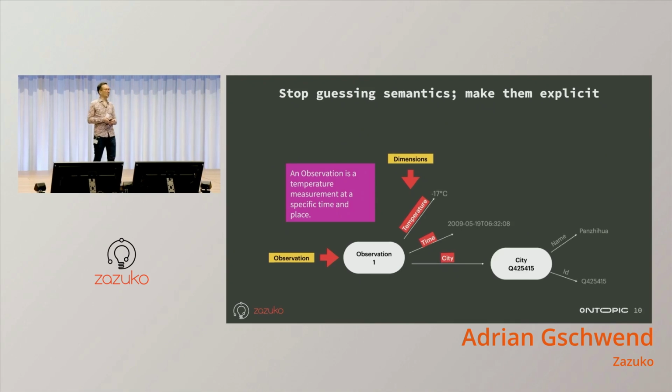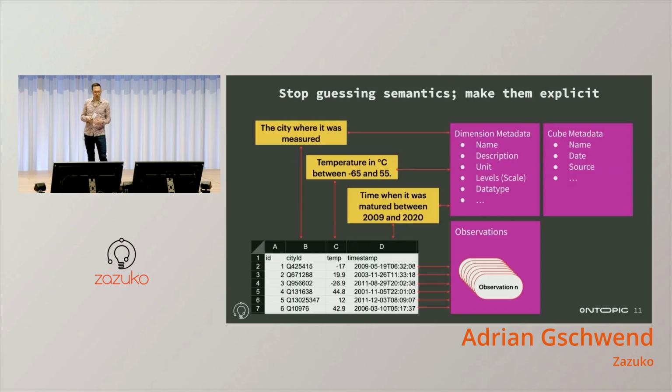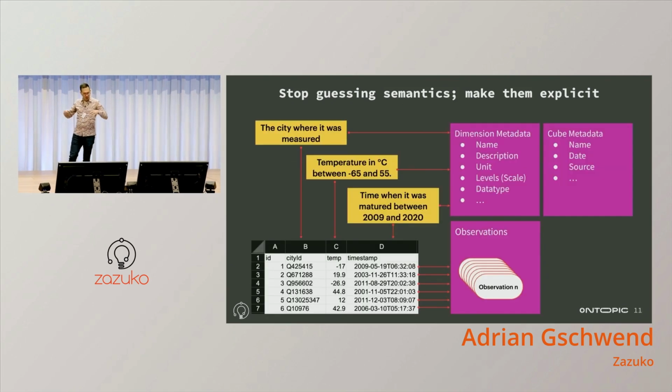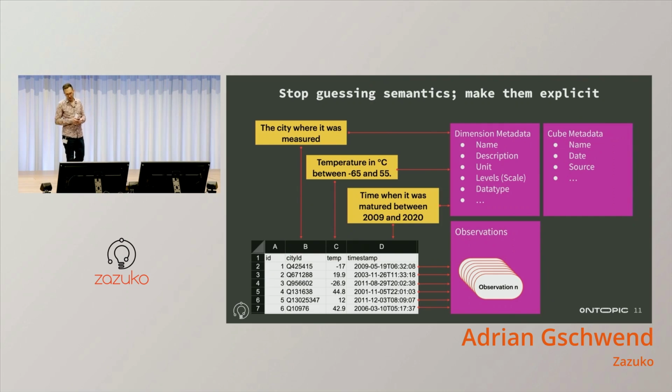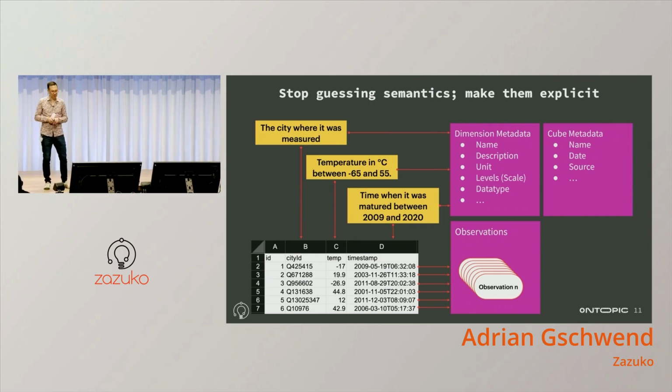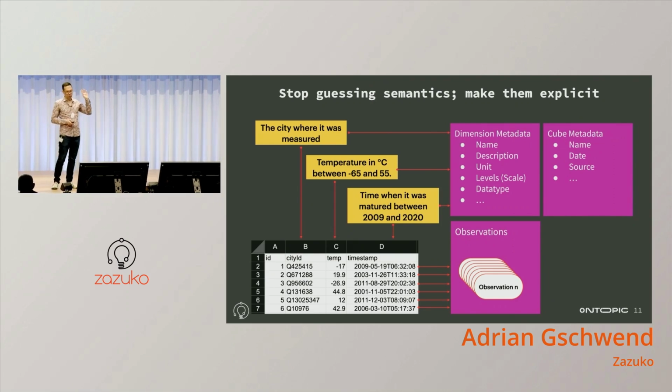So the join is done via another node which represents the city. And we can attach as much metadata to this additional identifier as we want. That's what we do, right? So when we now create a cube model in RDF, we start to have metadata on several levels. You will most likely want to have a cube metadata part.